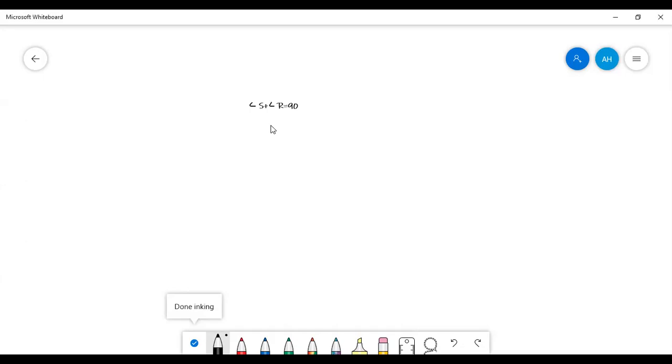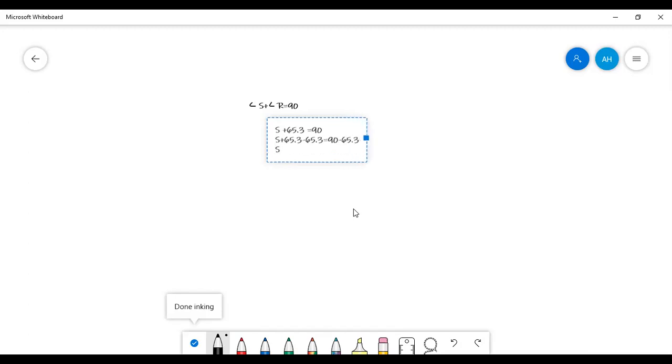So angle S plus 65.3 equals 90. To find this, S plus 65.3, I'll subtract 65.3 from both sides, so S equals 90 minus 65.3.